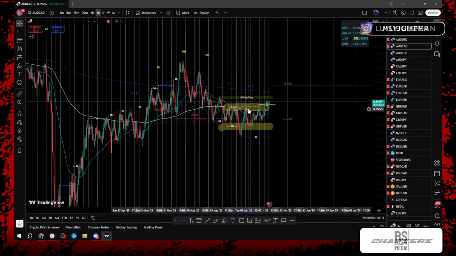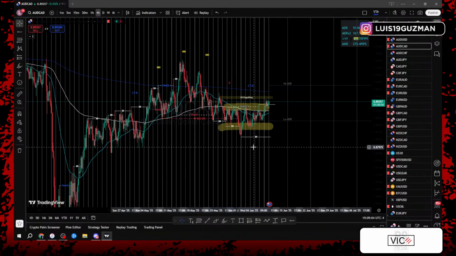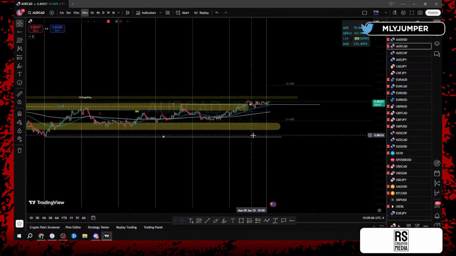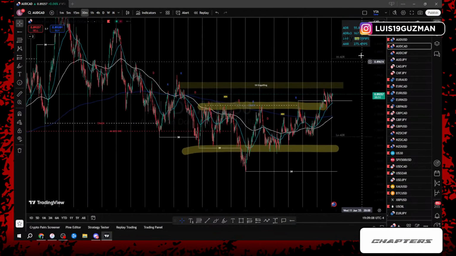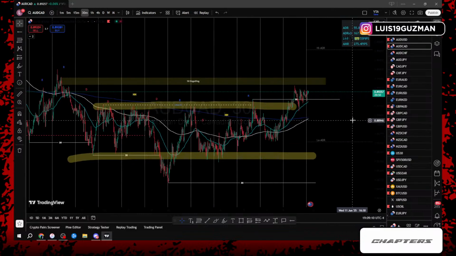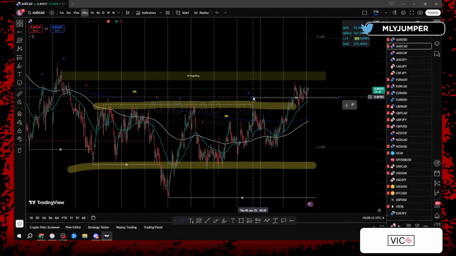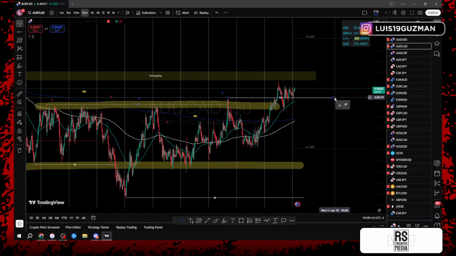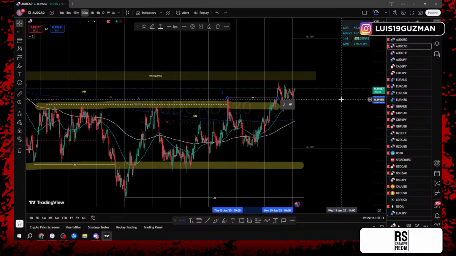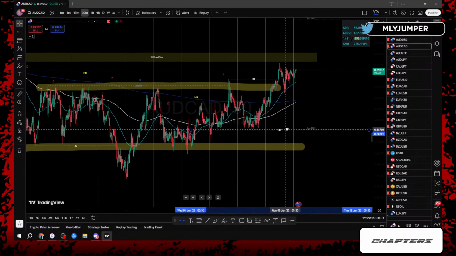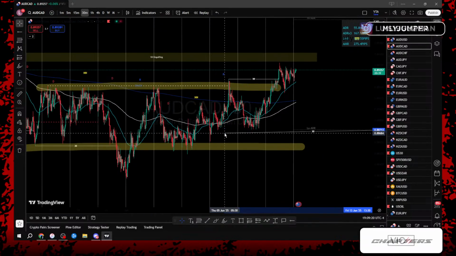Price consolidated here and then took all those stop losses out for the people going short, thinking that this was just going to be a simple break retest to continue going back down to the bottom. And we could see that price now gave us a change of character, higher high, higher low, and gave us a break of structure, higher high as well. I feel like I say that word so awkwardly. Structure.